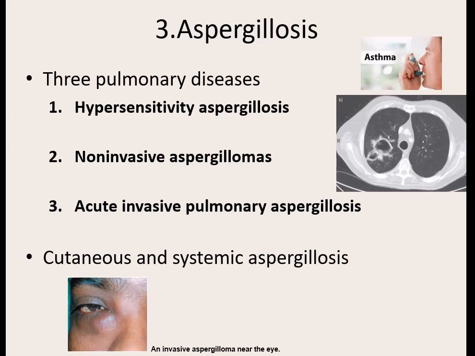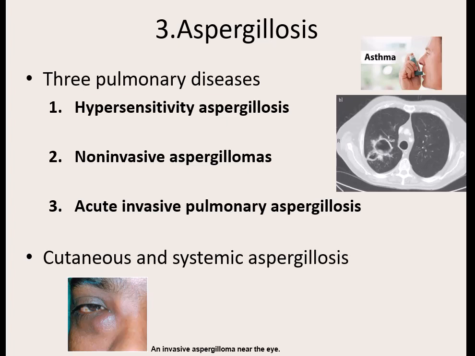Once it starts to leave those little open cavities and starts to travel throughout the body, now it's called acute invasive. Invasive because now it's leaving the respiratory tract. That in itself is pretty rare. That's usually not going to travel unless you're more immunocompromised. You can still get hypersensitivity.